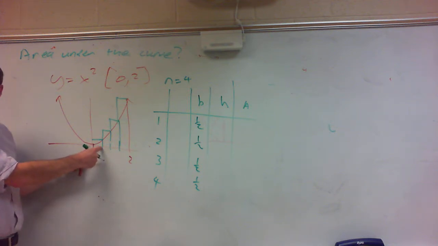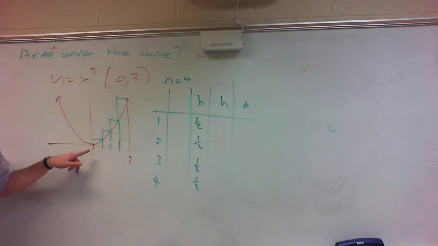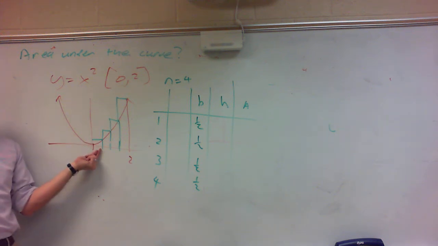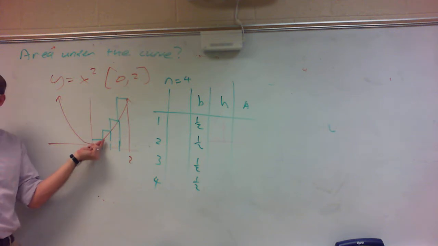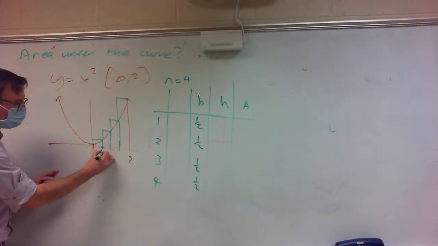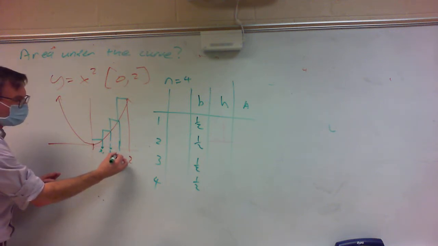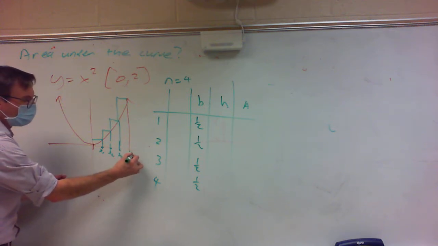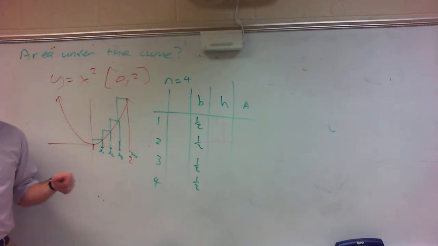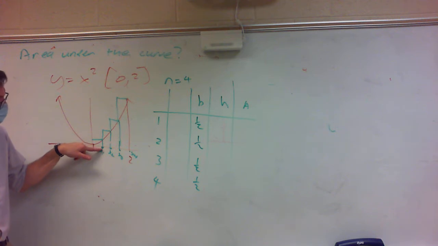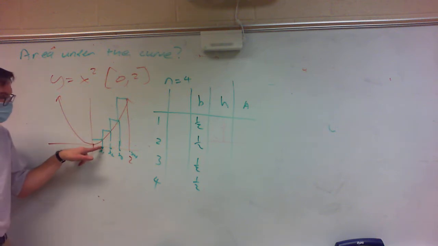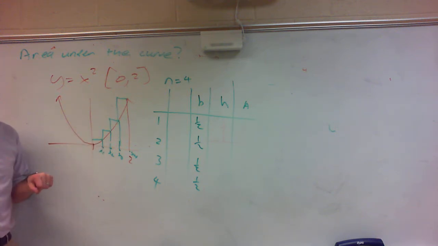All right, height. So here's my rectangle, right? The way we're going to get our height is we have to plug whatever this x value is into the function. I'm going to call this x sub 1, this x sub 2, this x sub 3, and that x sub 4, right? Whatever value this is, we're going to plug into the function.